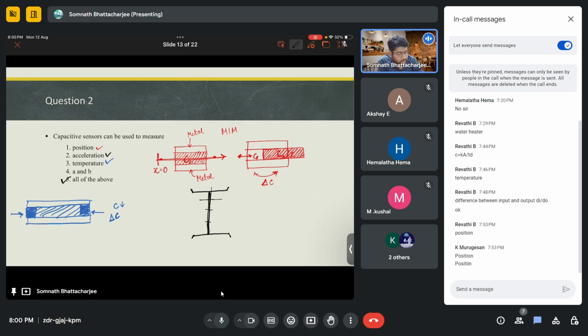So we'll have fingers like this, and this is a kind of moving structure which will be able to move with the change in velocity. What will happen if we create some fixed structures in between?